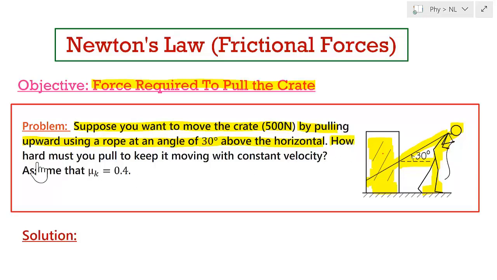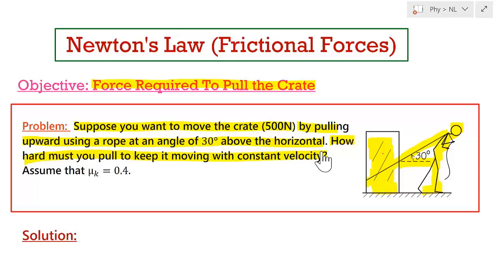How hard must you pull to keep it moving with a constant velocity? The question is asking how much force you should apply to this rope so that the crate moves with a constant velocity.